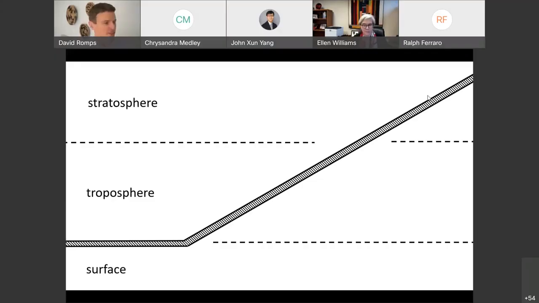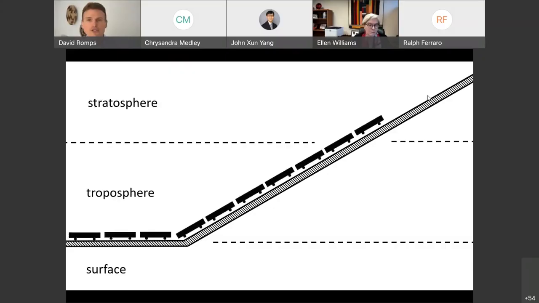So I've got here the surface with a troposphere overlying it, and then a stratosphere on top of that. And I have a railroad track here that's moving along the surface and then starts to ascend up through the atmosphere. From the things that we've learned, we can think about CO2, the 15 micron band of CO2, as a train.